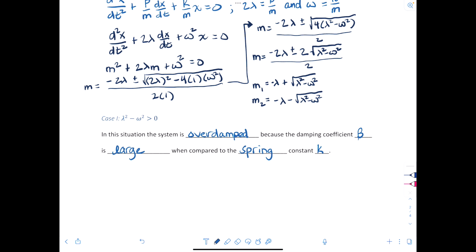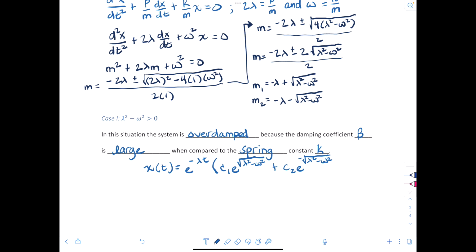And then what'll happen is we'll get x at t is equal to, now remember when we do this one, we end up factoring out an e to the negative lambda t, and then we're going to have the quantity c1 e to the square root of lambda squared minus omega squared t plus c2 times e raised to the negative square root of lambda squared minus omega squared t.